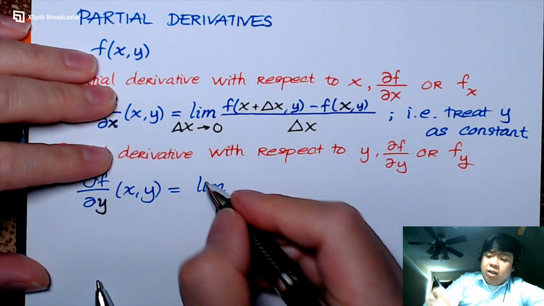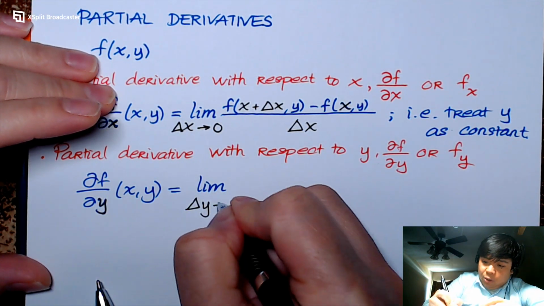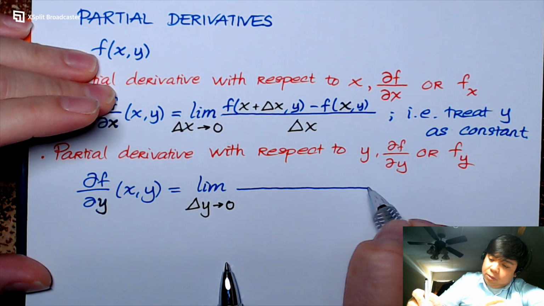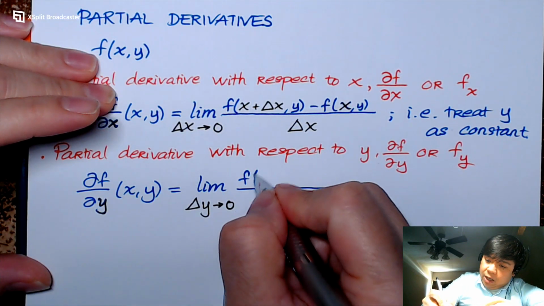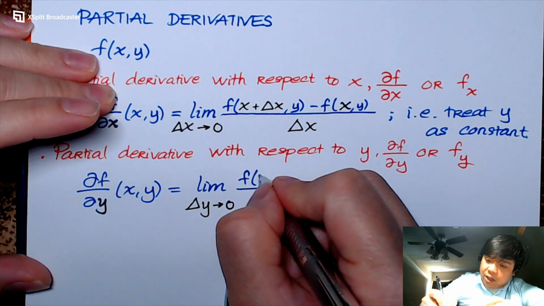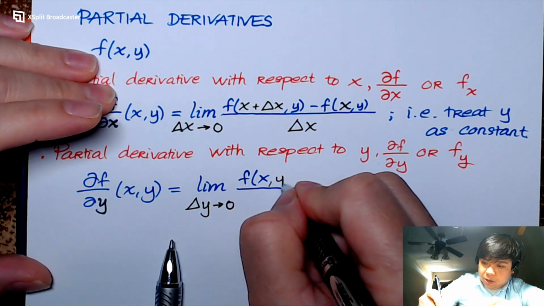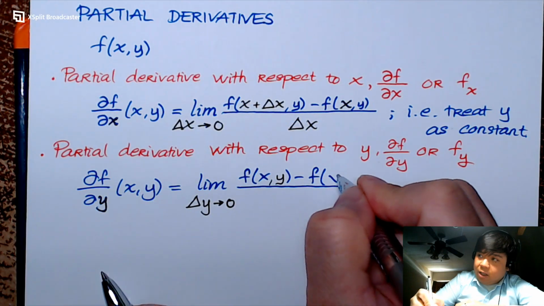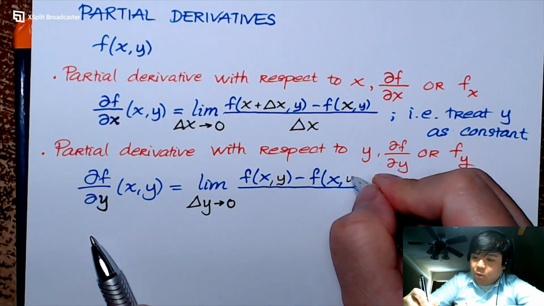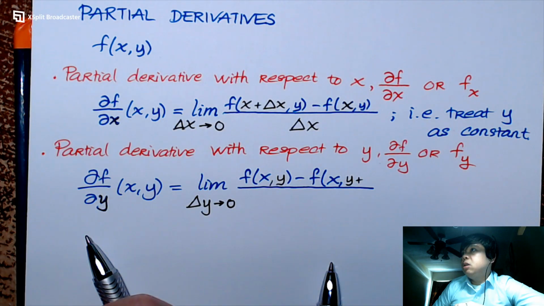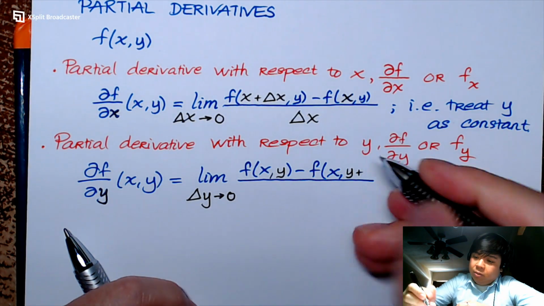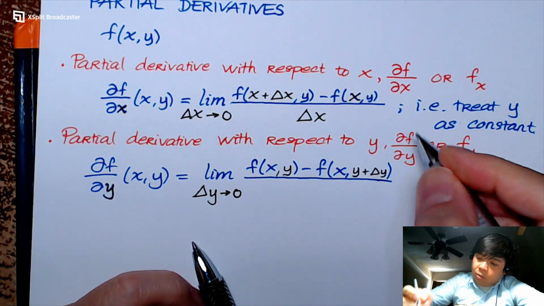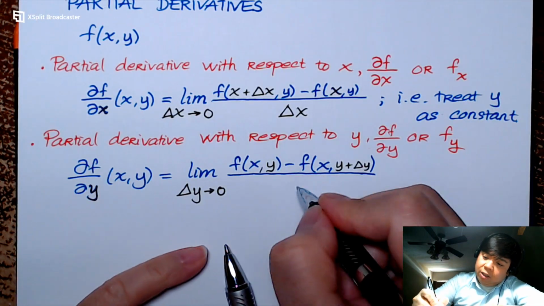So we'll have delta y go to 0, f of x, y plus delta y minus f of x, y, over delta y.